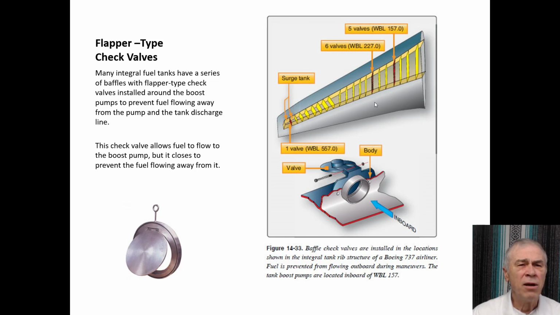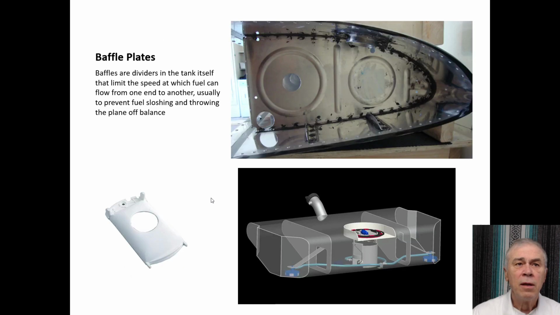This check valve allows fuel to flow to the boost pump, but it closes to prevent the fuel flowing away from it. So those are flapper type check valves. Little check valves, flapper type. Certainly more common, or a combination of both.